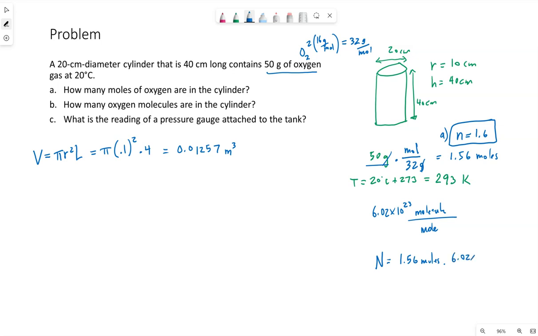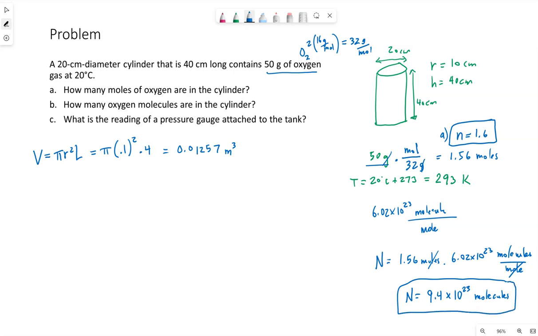When I multiply by Avogadro's number, the moles are going to cancel, and this will tell me how many molecules I have. So 9.4 times 10 to the 23rd molecules is what we have in this container. So this is what we were asked for in part B.